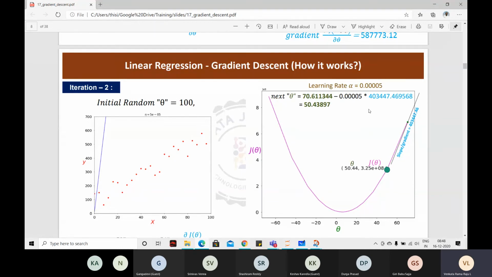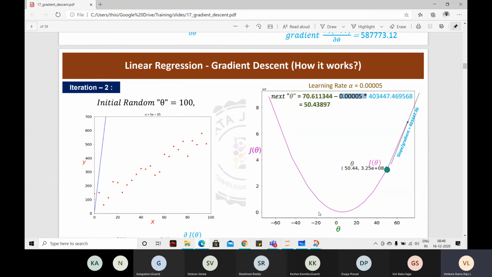If I don't have this multiplying constant while calculating next theta, what will happen? What is the next theta number? It's a big negative number.